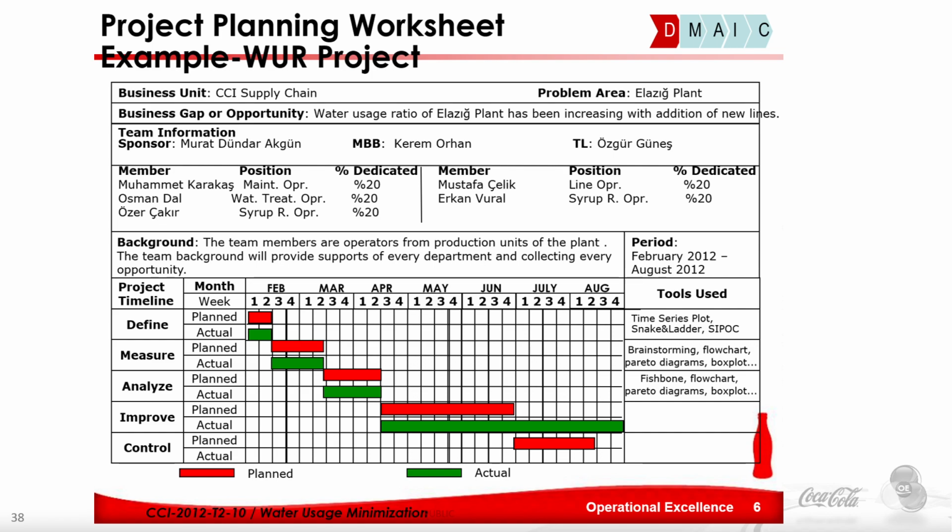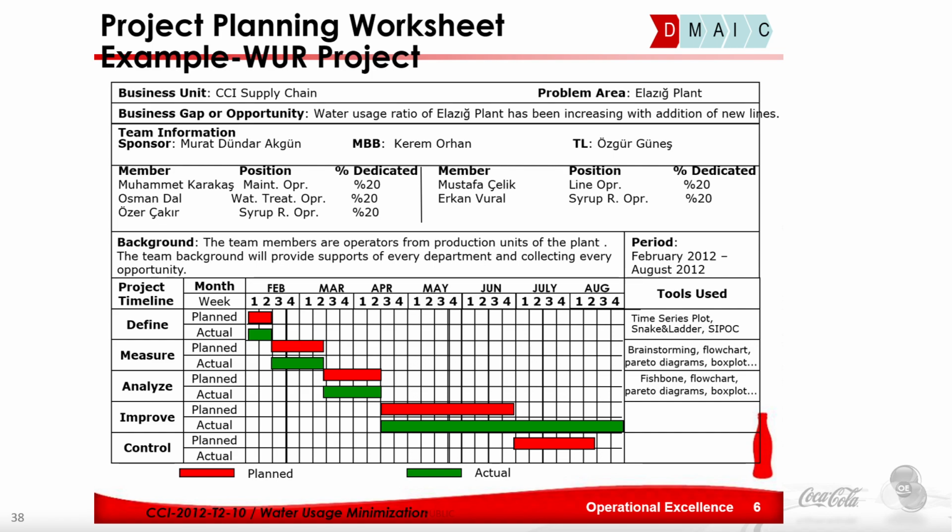Let's define our project team. So we have the different members, their position and dedication towards this project is written. There are 5 members, their names are written: the maintenance operator, water treatment operator, syrup room operator, line operator and syrup room operator, and their dedication, each with 20% dedication, is written. So this is the information of the team.